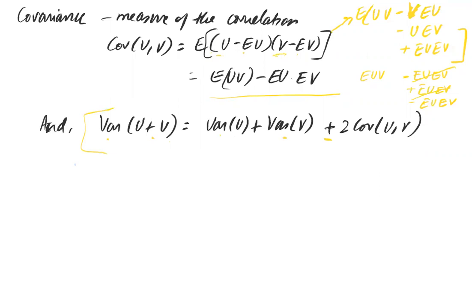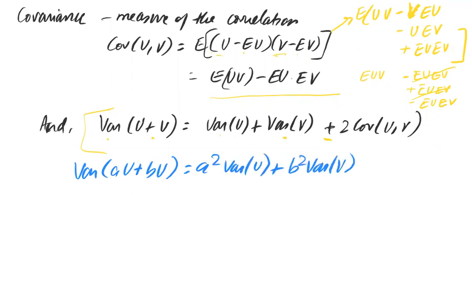Something else that you should remember is variance of AU plus BV is written as A squared the variance of U, plus B squared the variance of V, plus 2AB covariance of U and V. So if the two variables are independent, they don't depend on each other, the covariance is 0, and you can directly say that variance of U plus V is variance of U plus variance of V. Okay. This could help with your homework questions as well.